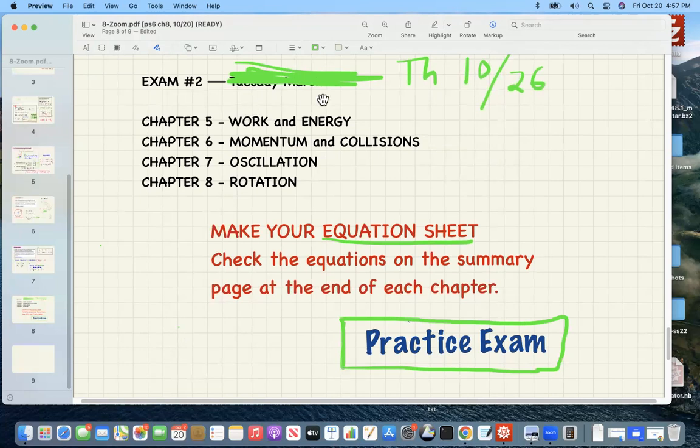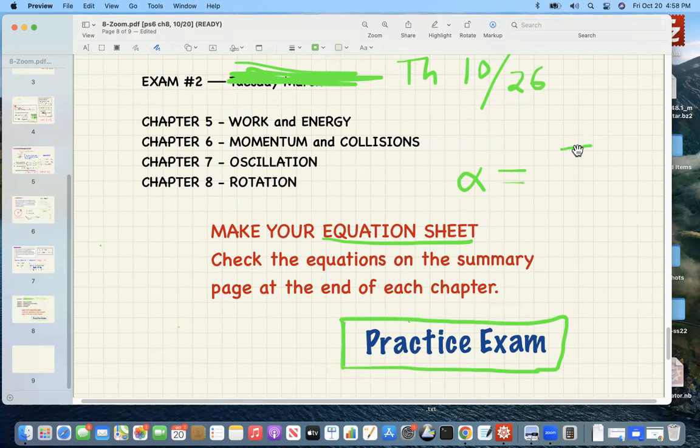There'll be problems about work and energy, conservation of energy, using energy to calculate velocities and so on, momentum, collisions, oscillations. Rotations is a big chapter. So there could be problems involving static equilibrium, like the leaning ladder, problems involving the calculation of torque, or problems involving rotational acceleration. Angular acceleration also depends on torque.